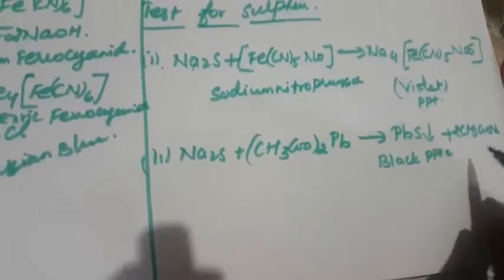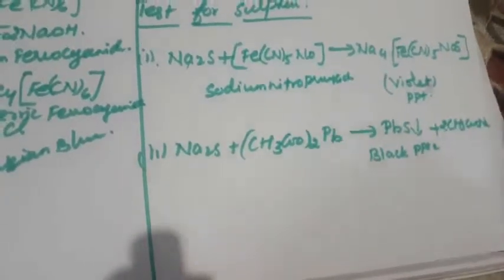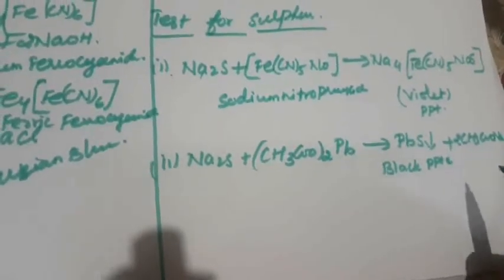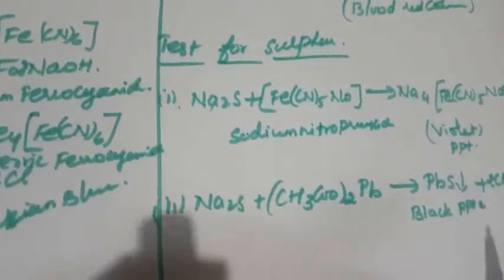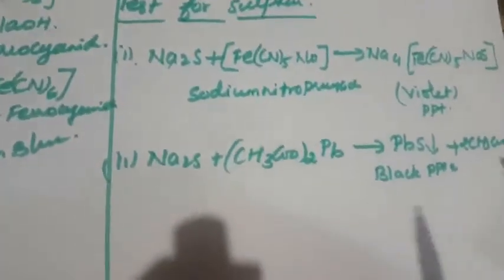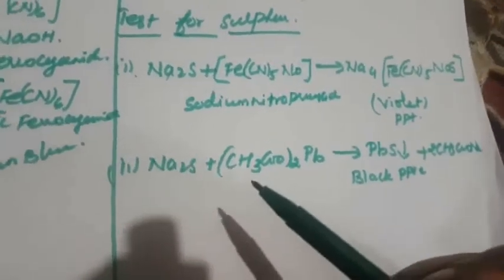The black precipitate is obtained, meaning the compound contains sulfur, along with sodium acetate. This is the second test for sulfur.